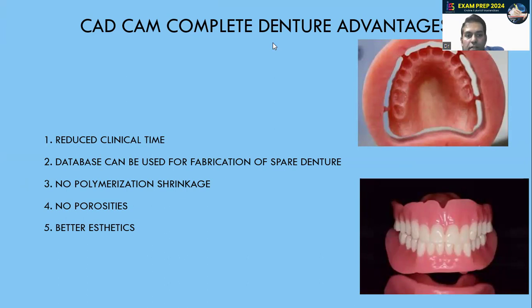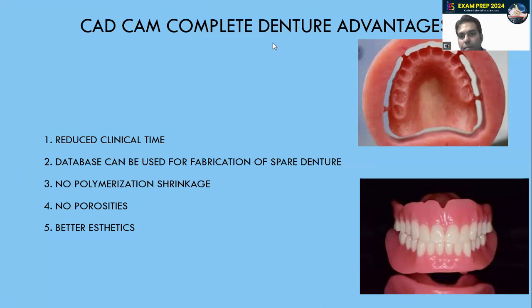No polymerization shrinkage is there, as these dentures are milled from prefabricated blocks, and that is why the chances of polymerization shrinkage are not there. And apart from that, porosities will be absent, because these are very compressed solid blocks, and we are going to mill, or fabricate the complete denture using these blocks, and that is why there is no porosity, and the aesthetics are better.